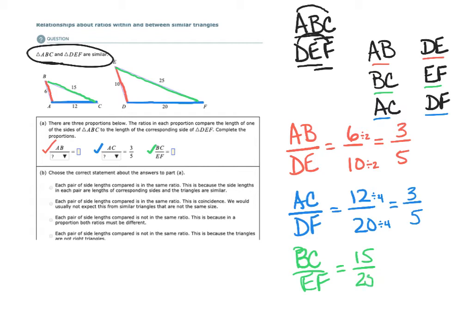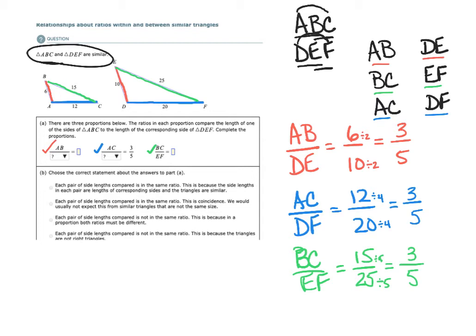If I'm going to reduce them, they look like they both share 5 as a factor. So divide by 5, and this will give me 15 divided by 5 is 3, 25 divided by 5 is 5. Now I can see that all three of them are in a proportion of 3 to 5.